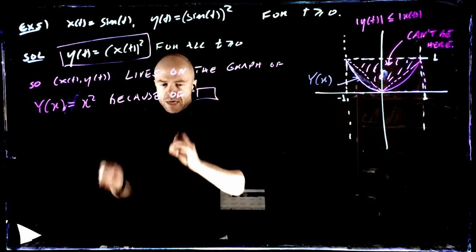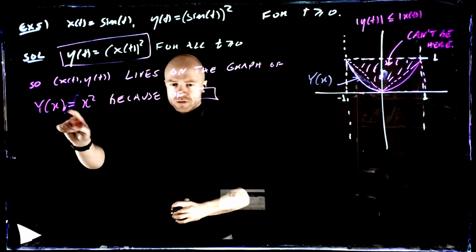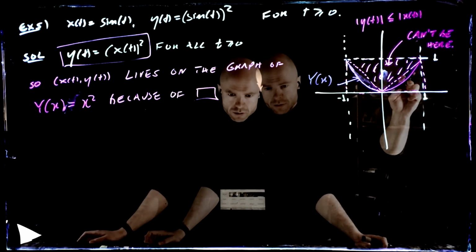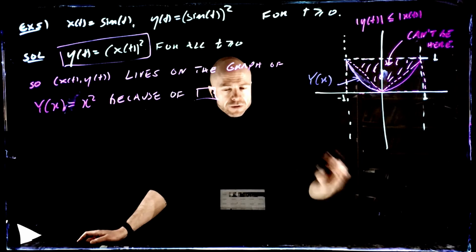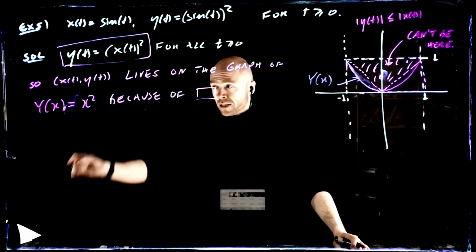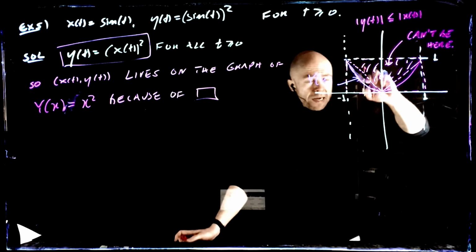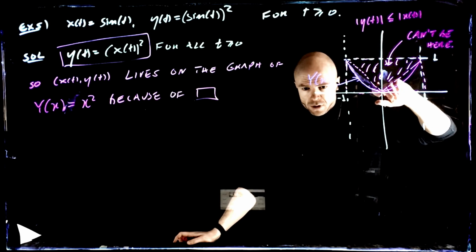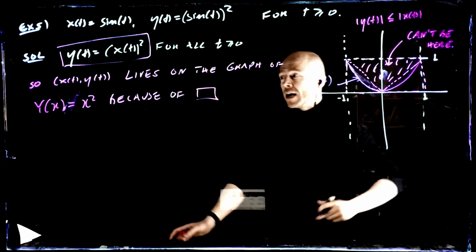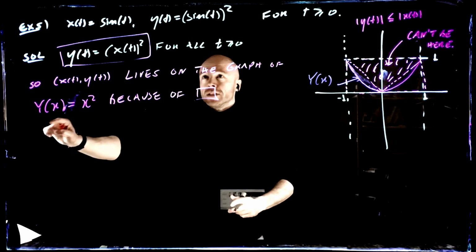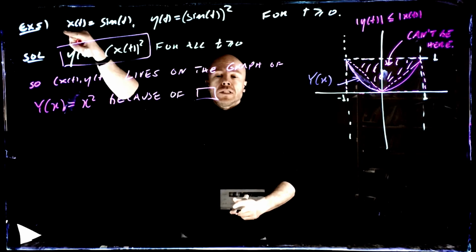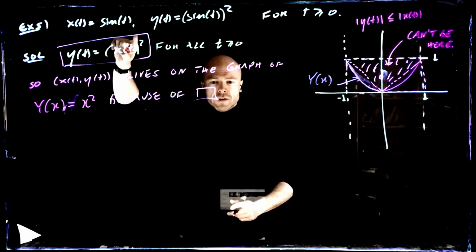So every single x of t, y of t has to be some point on this graph. And that knowledge gives us all the other stuff that we painfully got one step at a time. All of it is now contained within the fact that this thing has to live on this graph and the fact that the x coordinate is between -1 and 1.